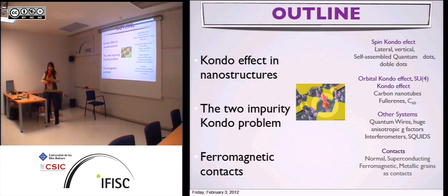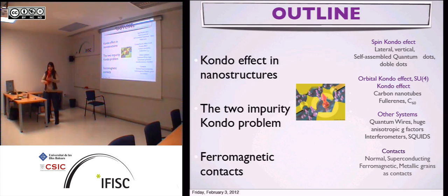So now this situation can be extended to a more involved situation in which you replace one of these impurities by a continuum. So this is kind of a metal. If you think about electrons here, you have a localized spin that interacts with the continuum by some tunneling.